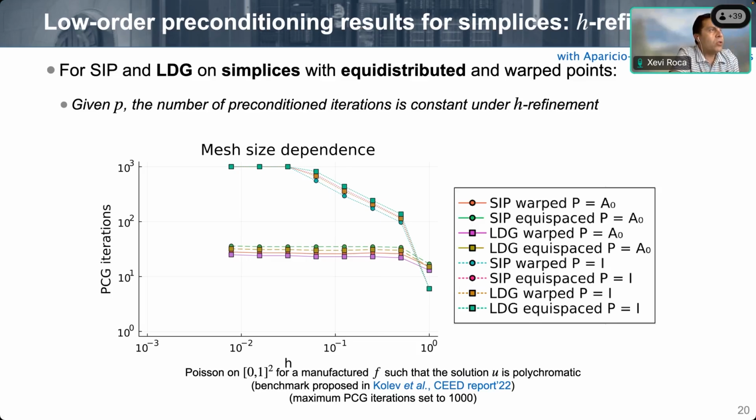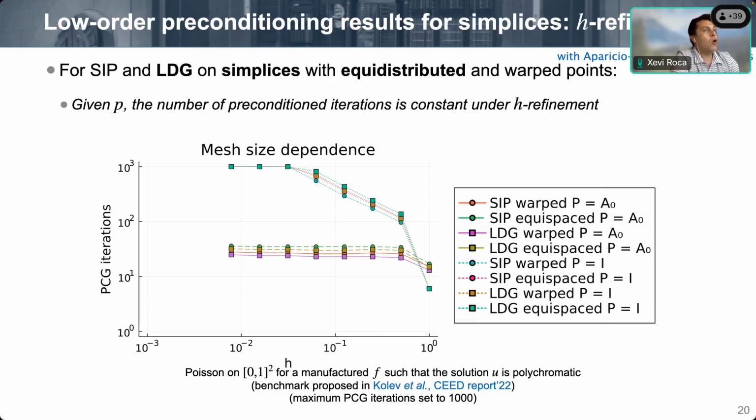For all the methods, the number of iterations grows with the refinement of the mesh. This makes sense. These are results that Guillermo got. We put a maximum number of iterations of 1,000. You can see this region where the number of iterations grows linearly in the log scale. What's going on? Remember, the condition number scales like the reciprocal of the square of the mesh size h.